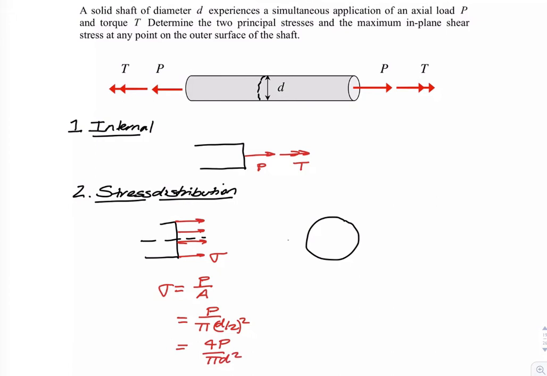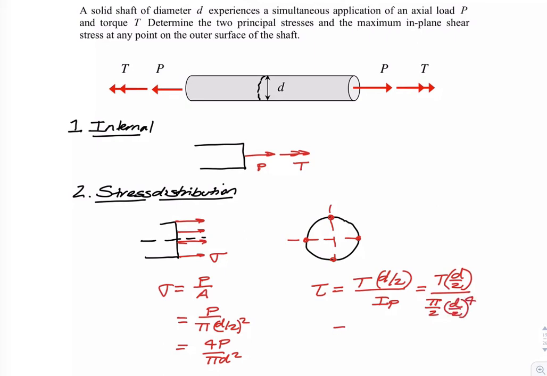The other component is going to be that due to shear. Any point that I pick, this one or this one or that one or that one, the magnitude of the shear stress will be the same. The magnitude is tau equal to the torque times the radial distance out to those points, d over 2, divided by IP, where IP is equal to pi over 2 r to the fourth, so that's d over 2 to the fourth.